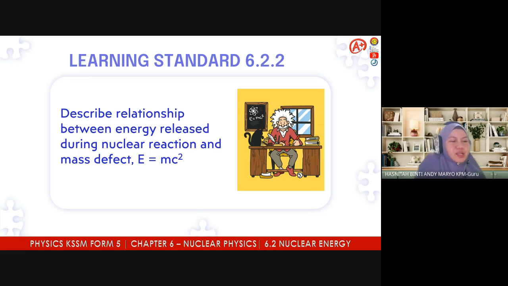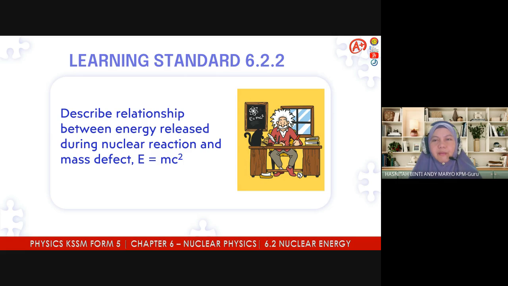Nuclear fission is a nuclear reaction that occurs when what? Can you complete the sentence? Nuclear fission is a nuclear reaction that occurs when, yes, a heavy nucleus. Good. When a heavy nucleus splits into what? Lighter nuclei.